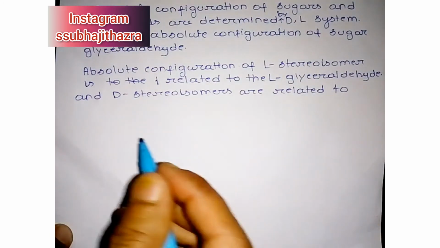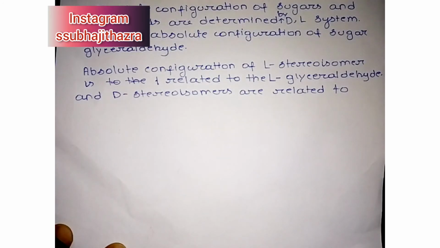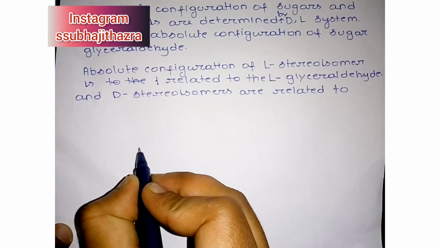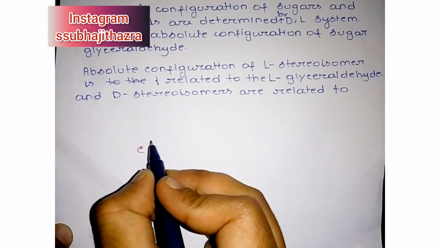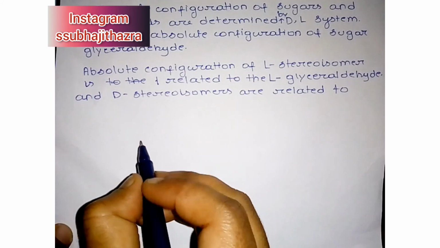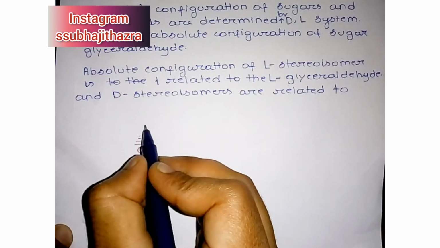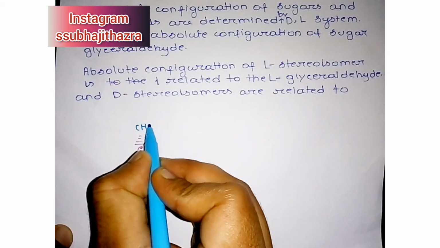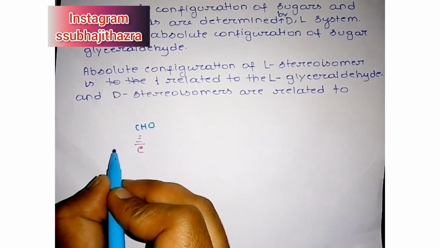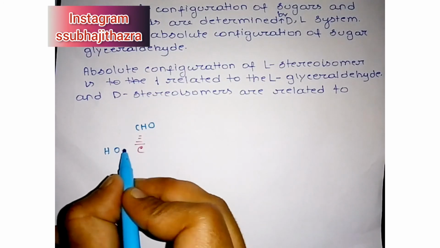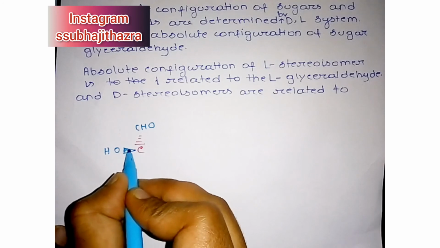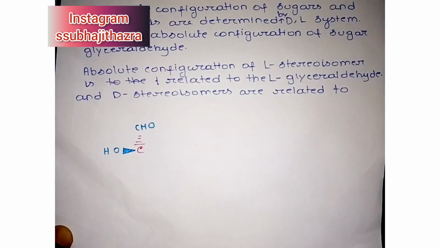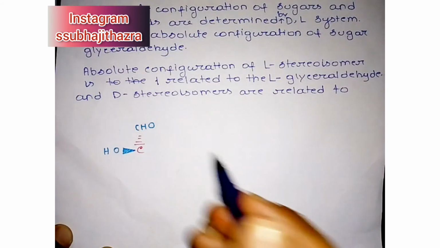Now we draw the structure of L-glyceraldehyde. The functional groups are CHO and OH. These functional groups are important because absolute configuration is determined based on the position of the functional groups.